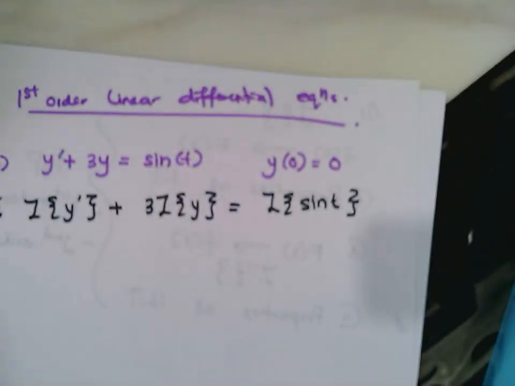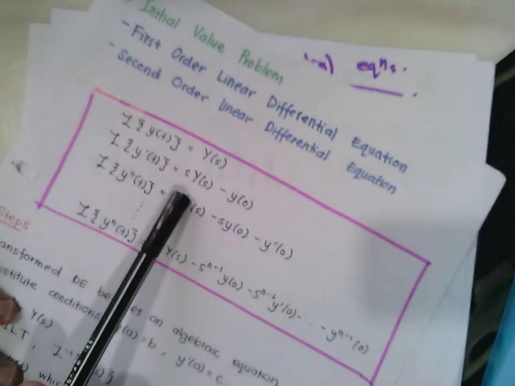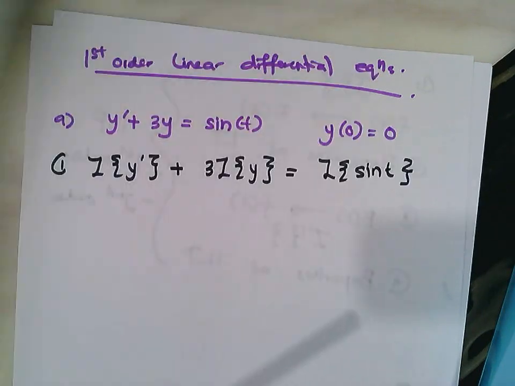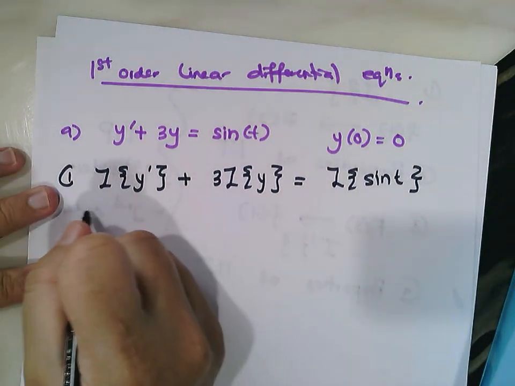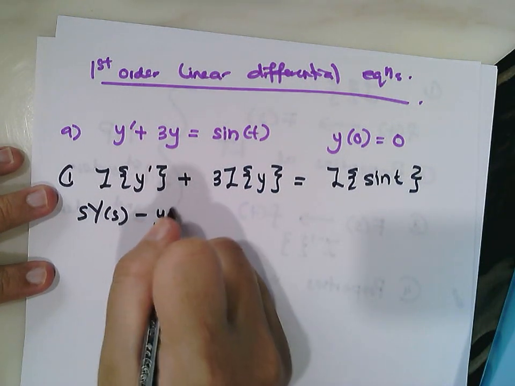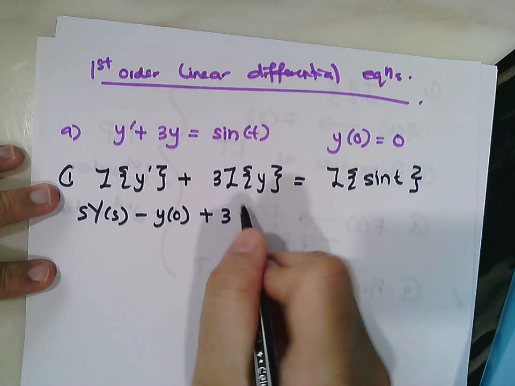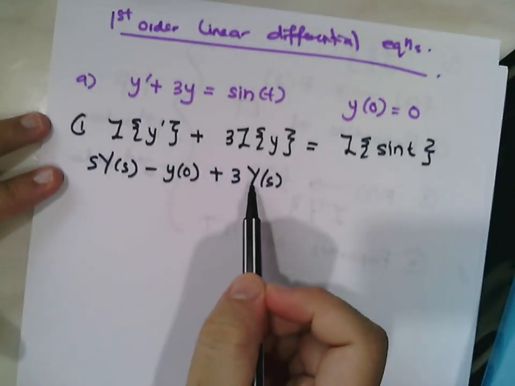So therefore, you substitute Laplace of y', which is equal to sY(s) - y(0). So you will have sY(s) - y(0) plus 3 times Laplace of y, which is equal to Y(s). Please make sure you use the capital Y here.